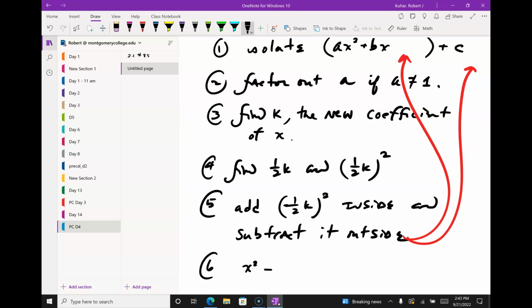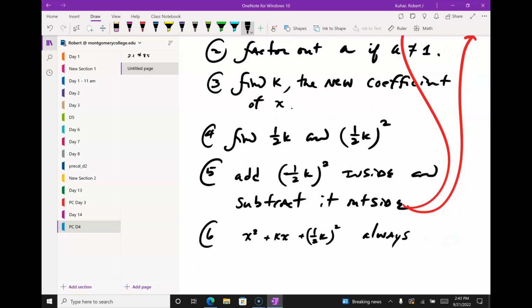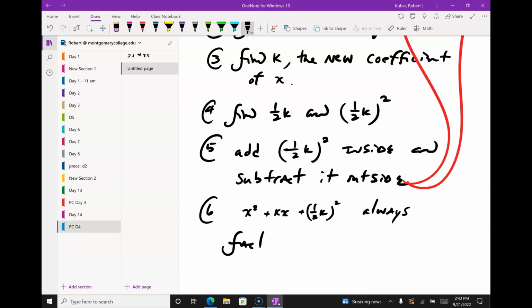So x squared plus kx plus half of k quantity squared always factors into x plus half of k quantity squared.